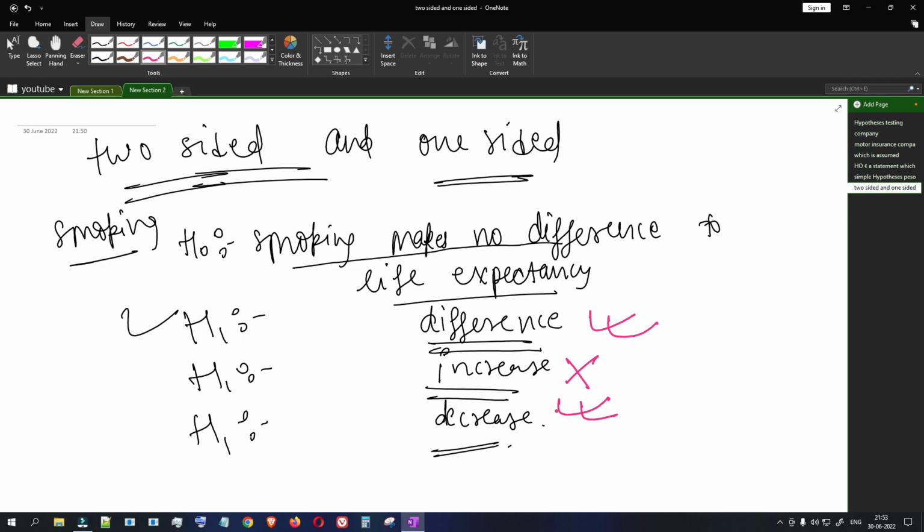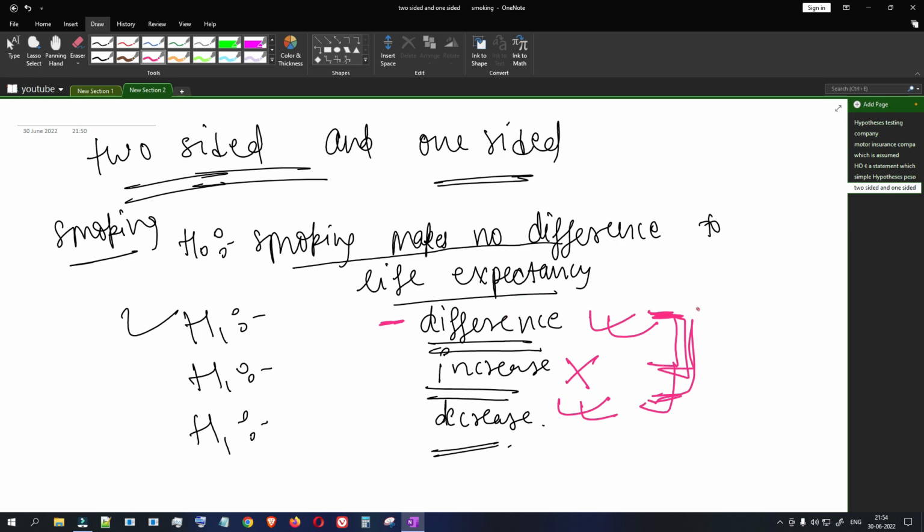So these two are possible alternate hypotheses, and you may clearly see that H1 is already containing the other two. If it makes a difference, then it could be increase or it could be decrease, which is stated below. So we can see that this one, that smoking makes a difference to life expectancy, can be in any direction, increase or decrease.